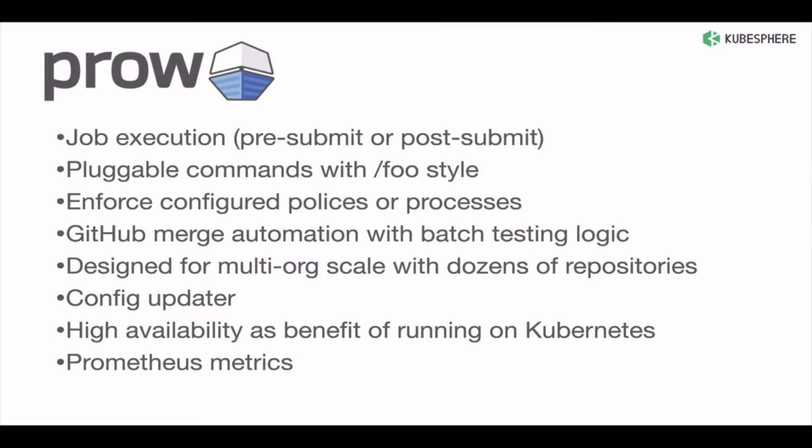I will tell the details later. High availability as a benefit of running on Kubernetes. Prow's components run as deployments, so it is very easy to have many replicas and achieve high availability. Prometheus metrics. This kind of feature can help us monitor the Prow instance.